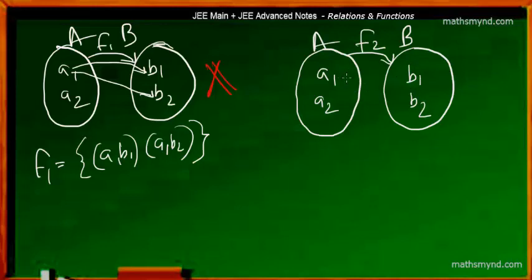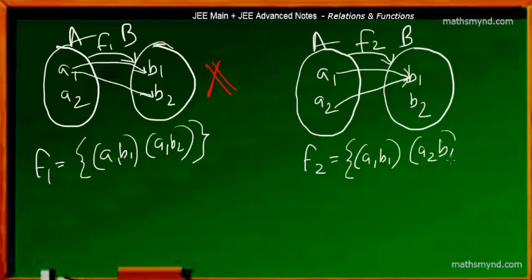Here the interesting point is that A1 B1 is an ordered pair, and A2 B1 is also an ordered pair. More than that, we can easily see that the second element of B, that is B2, is not participating.